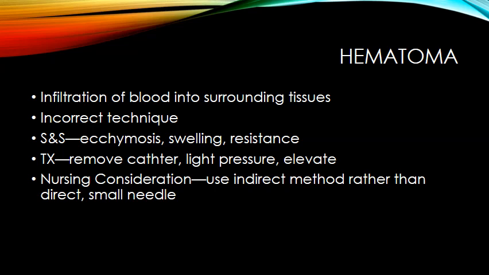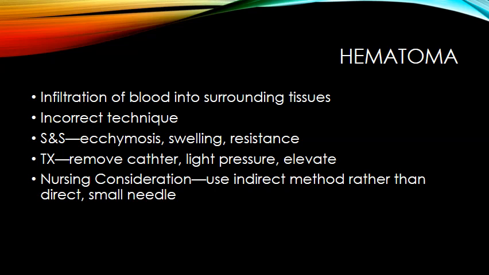Okay, hematoma. Hematoma is formed whenever blood infiltrates into the surrounding tissues around the site. It can be caused by incorrect technique or manipulation while you're inserting the IV, and the cannula passes through the distal vein wall.